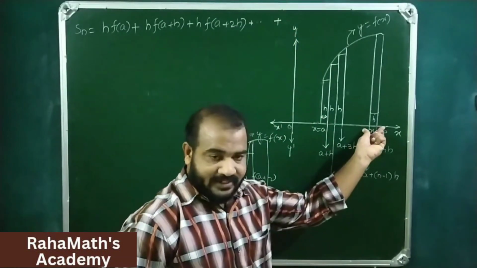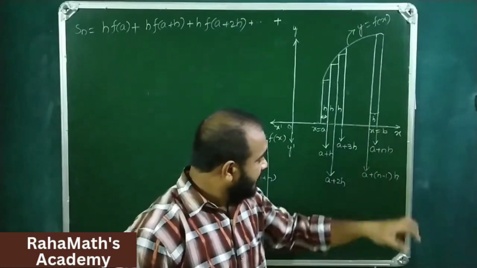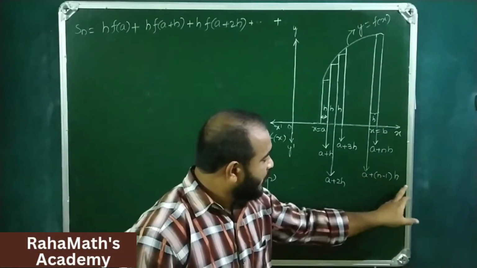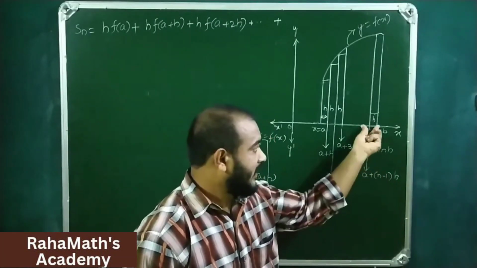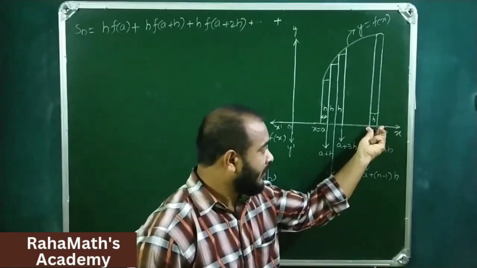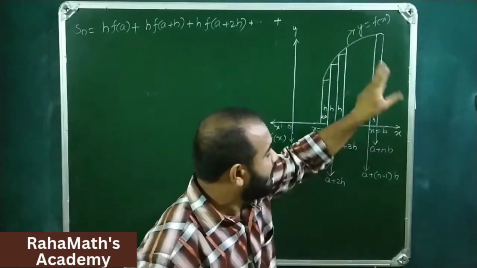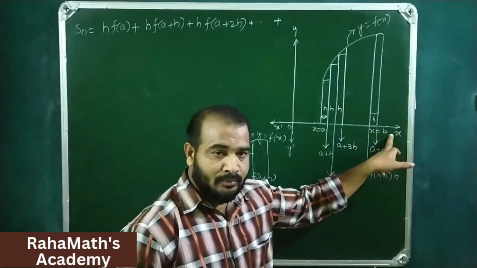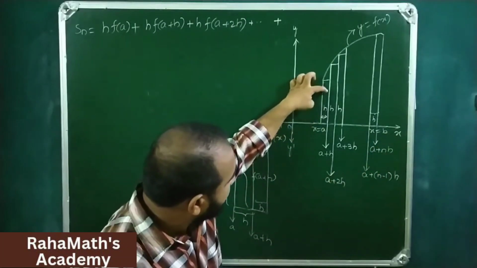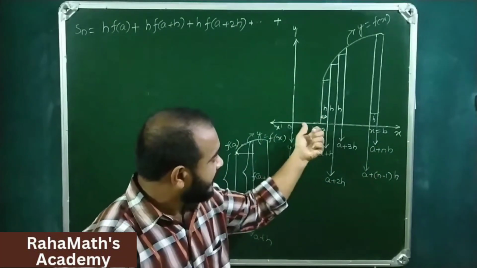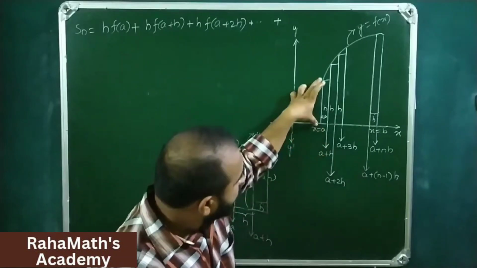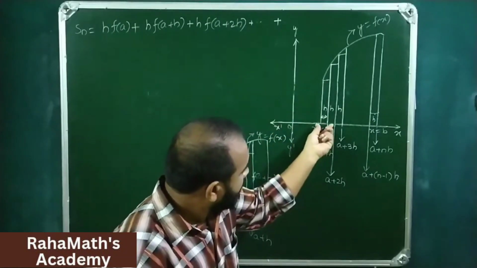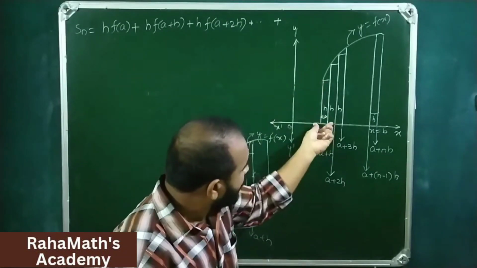Let us come to the last rectangle. For this last rectangle, width h into height f of a plus n minus 1 into h. You may ask a question, why can't it be a plus nh? Because if I take the first rectangle, on the left side, this is f of a into h.